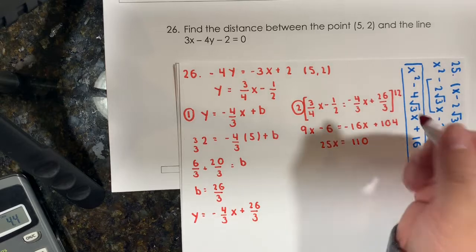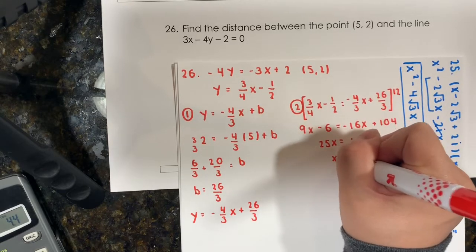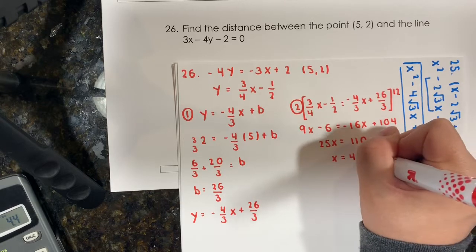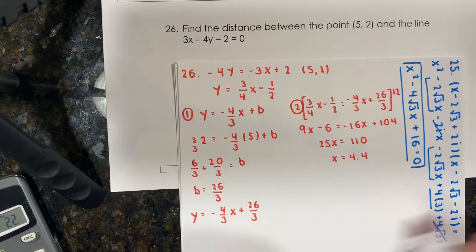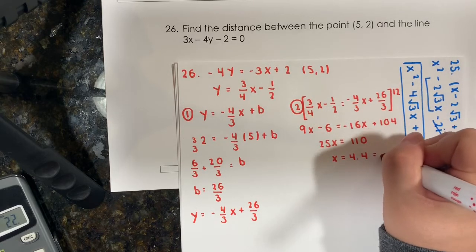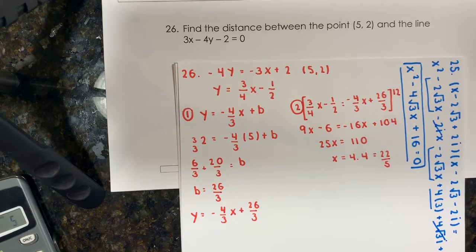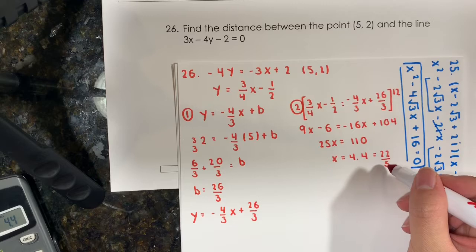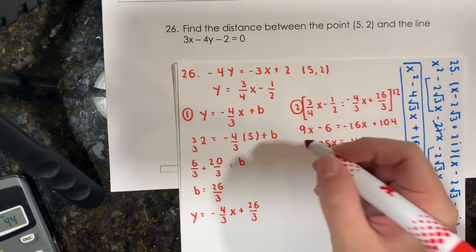And then 110 divided by 25 would be 4.4. Normally we don't use a decimal point, and so I'd probably do 22 over 5. Now to solve for y, I'm going to plug this into one of the equations. So let's plug it into the original.